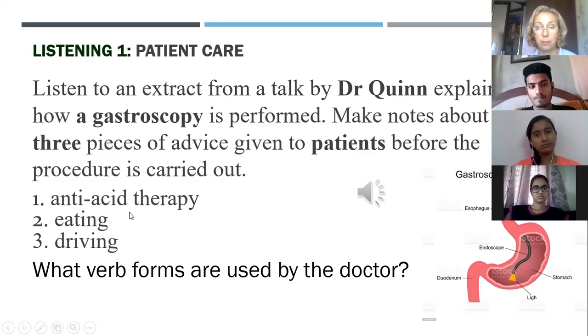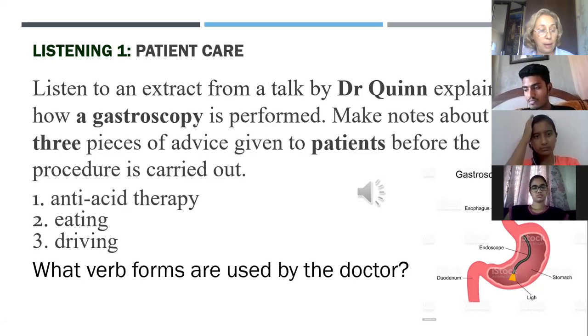Vidya, please. Yes, ma'am. 8 hours before the procedure, nil by mouth. Yes, before 8 hours. And about drinking water. Drinking water, it can be up to 4 hours before the procedure. Yes, before the procedure.